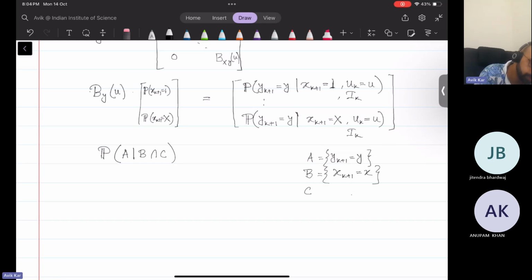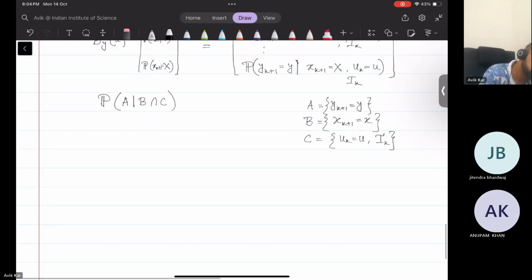And then C is U_k equals u and the information till time k. So from here we want probability of B given A intersection C.